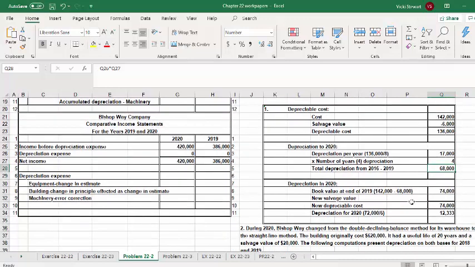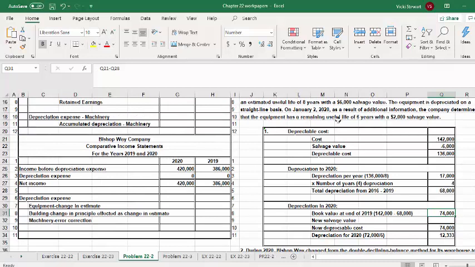When we subtract that from the original cost, we get a book value of $74,000 at the end of 19. This is where we are at the point of making the change, where the company now states that the equipment has a remaining useful life of 6 years and a $2,000 salvage value.